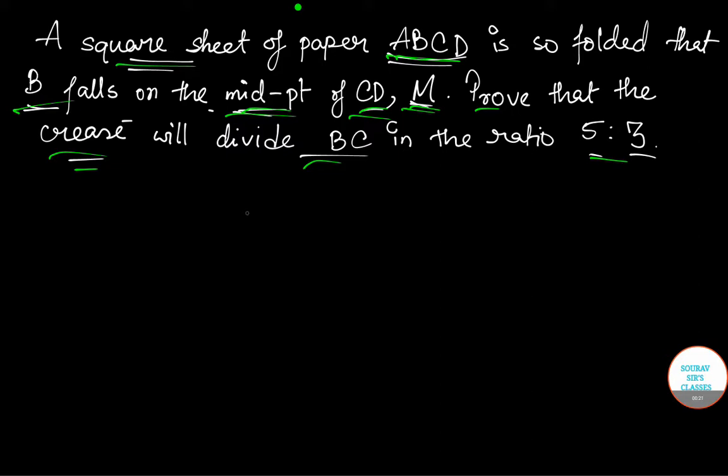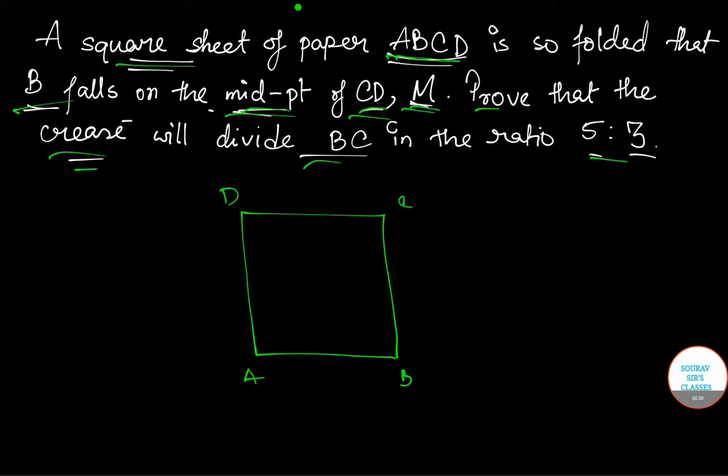So there's a square sheet of paper. This is a square sheet of paper ABCD, and it is so folded that B falls on the midpoint of CD.